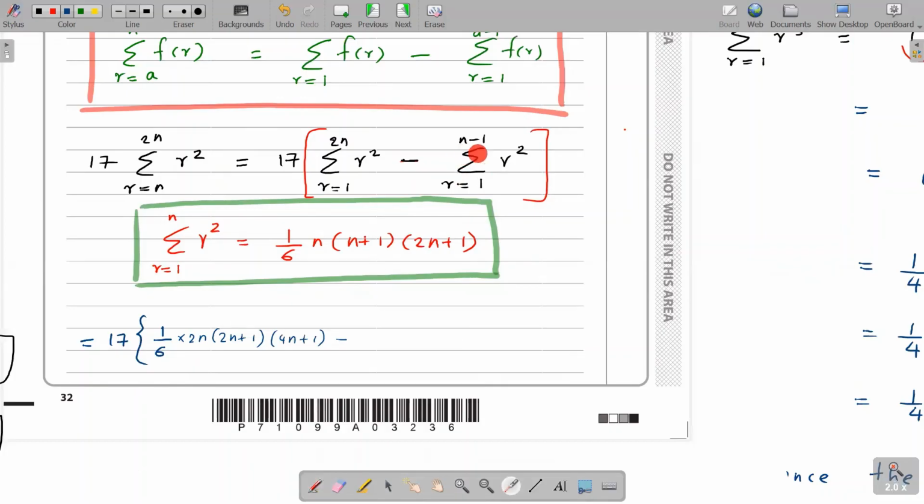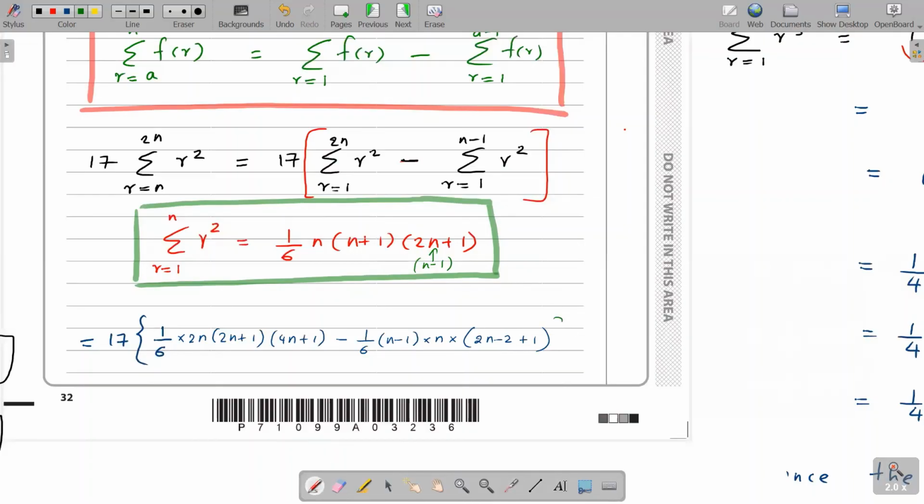Let's input n as n minus 1. 1 over 6, n minus 1, n minus 1 plus 1 is n, times 2 into n minus 1 plus 1. So 2 into n minus 1 is 2n minus 2, plus 1. Are you with me? I replaced the n here with n minus 1, so that will be multiplied by 2. So 2n minus 2, that's what I get here.